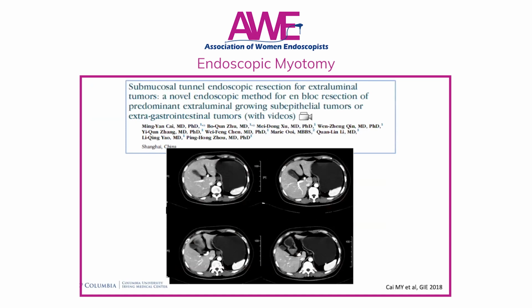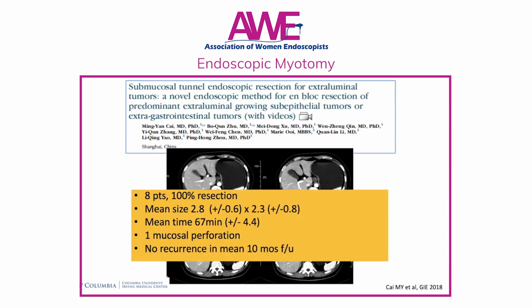This has primarily been performed by the Chinese group out of Shanghai, and they describe excellent success rates in a limited number of patients. Smaller lesions, again, less than 4 centimeters, with very low adverse event rates. Obviously, it does require a high level of expertise.